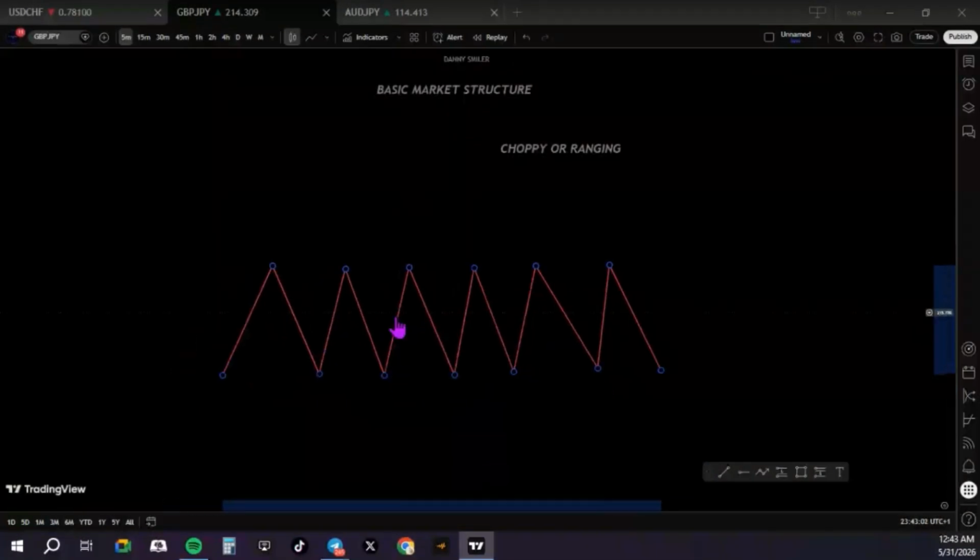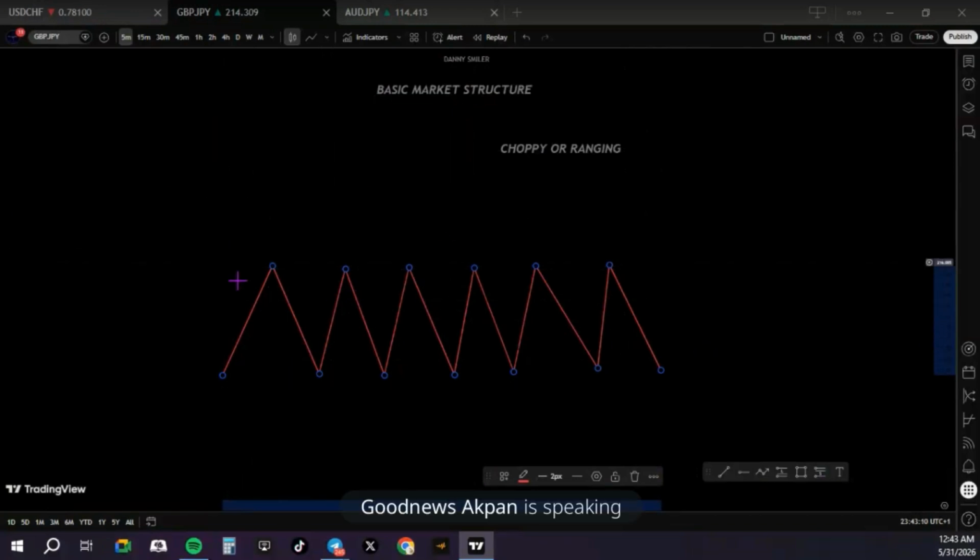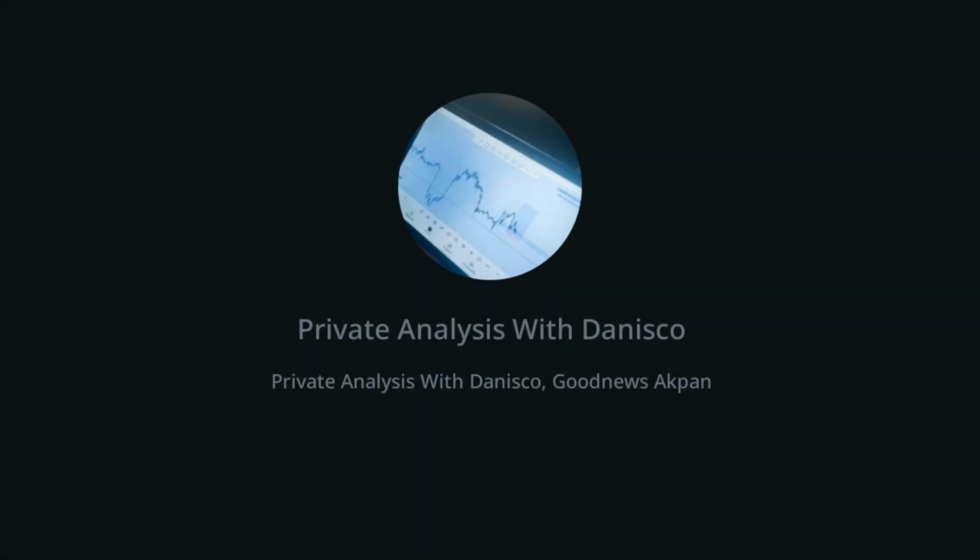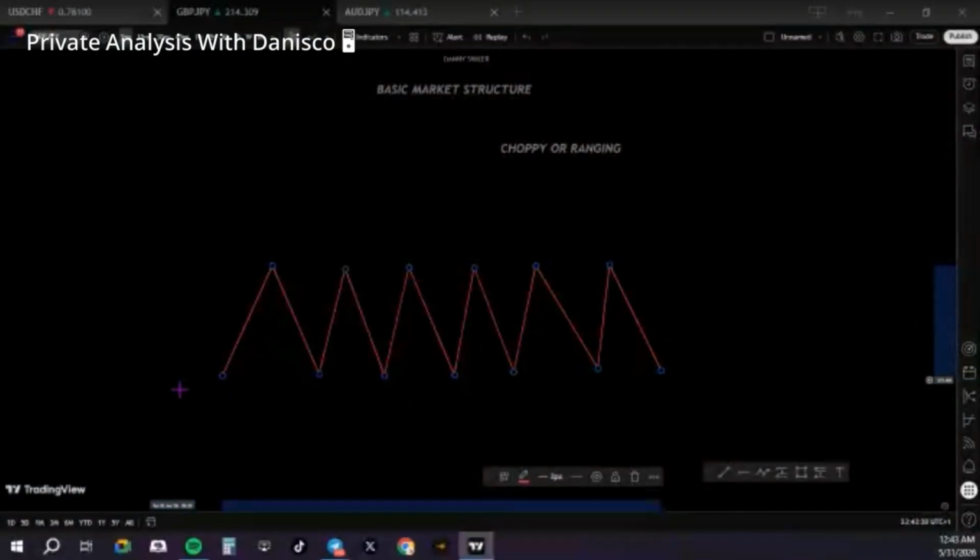In this particular scenario, remember the uptrend scenario was to buy, then the downtrend scenario was to sell. But this scenario is sometimes avoided. Sometimes you have to avoid a particular structure so that you are not caught up in the market.